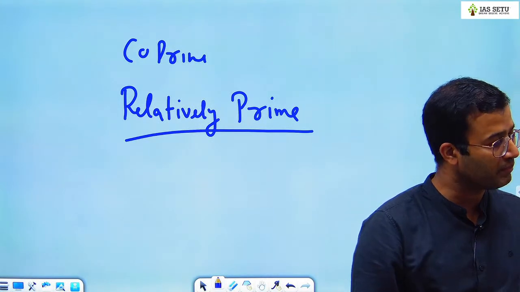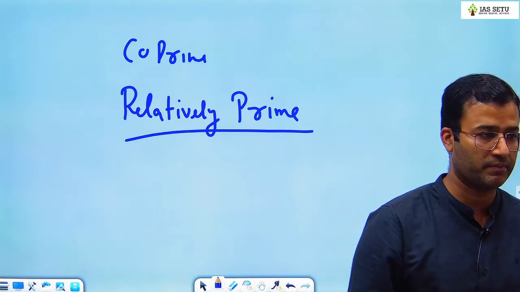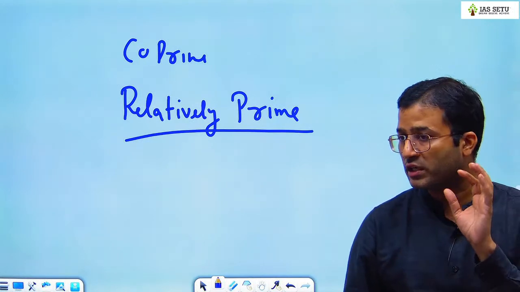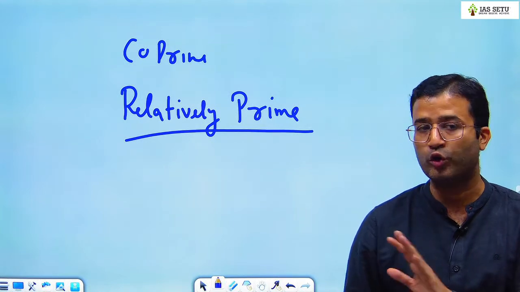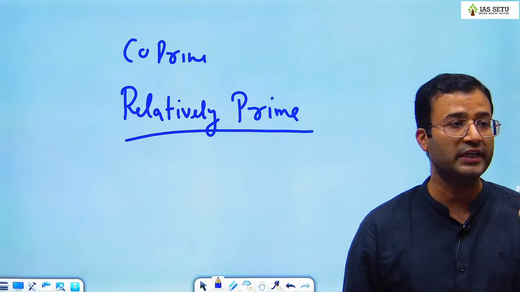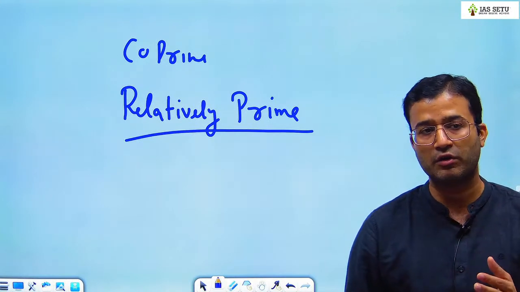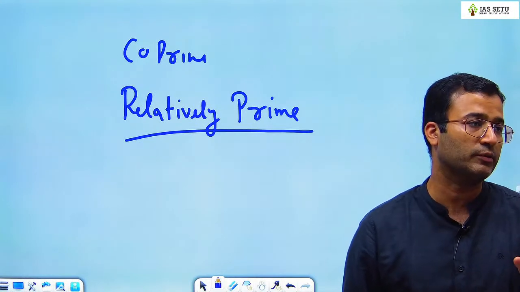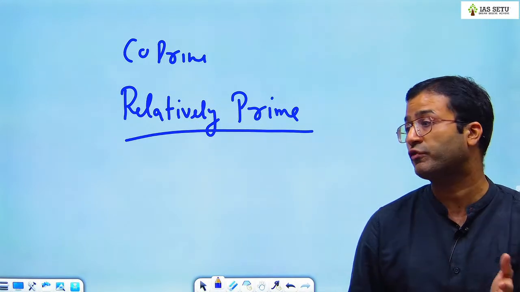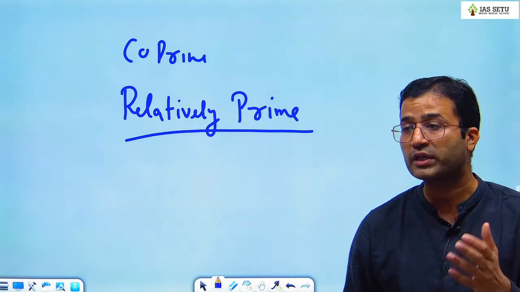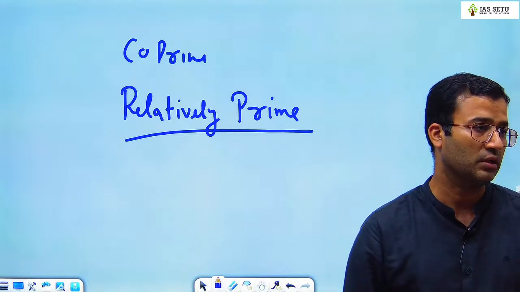You have to understand the concept of co-prime. Don't cram it, because from next week onward I will take the real concept of number system where the application of co-prime is very important. Without it you won't understand some topics, or you will just memorize.